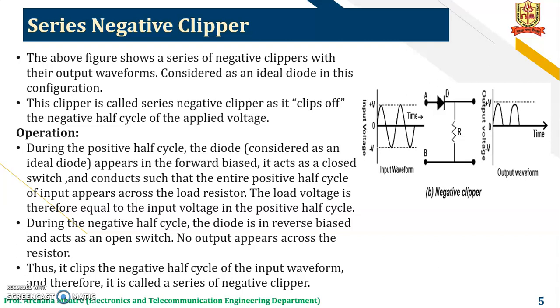The load voltage is therefore equal to the input voltage in the positive half cycle. During the negative half cycle, the diode is at reverse bias and acts as an open switch. No output appears across the resistor. Thus, it clips the negative half cycle of the input waveform and therefore it is called a series negative clipper.